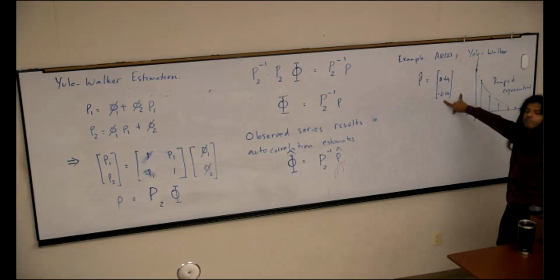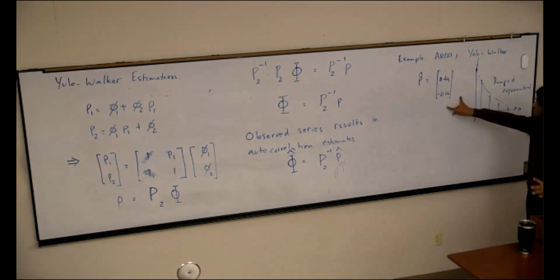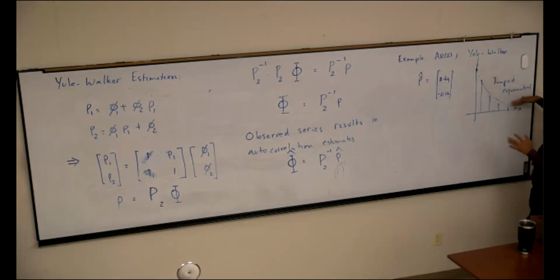Exponential functions don't take negative values. However, when we say damped exponential, we are simply referring to the shape. We're not saying it is an exponential function.